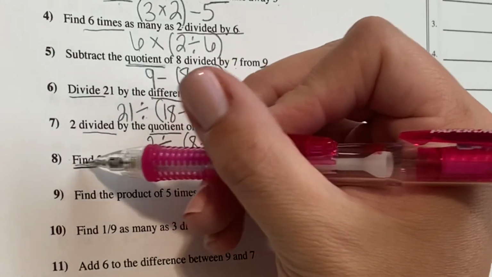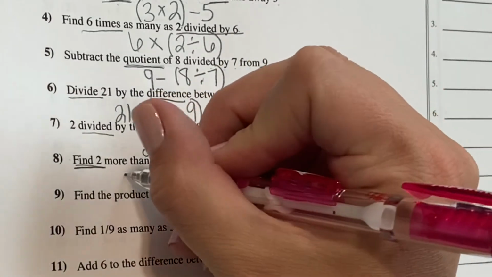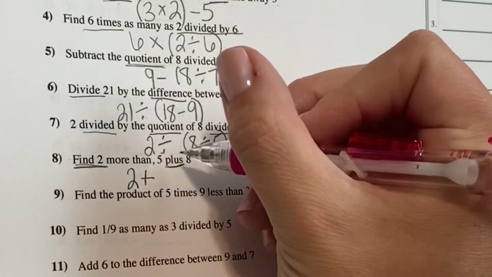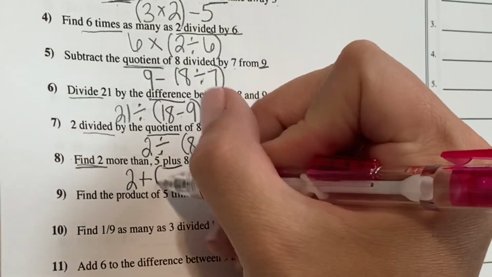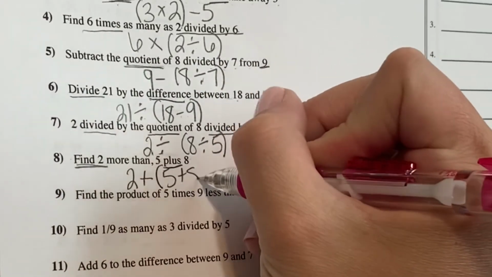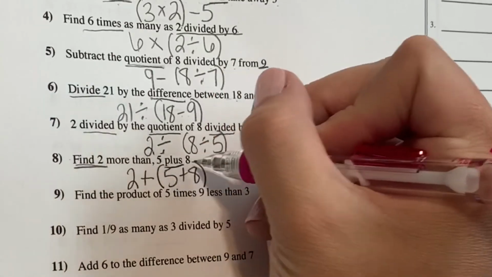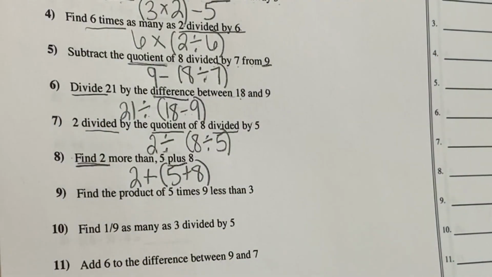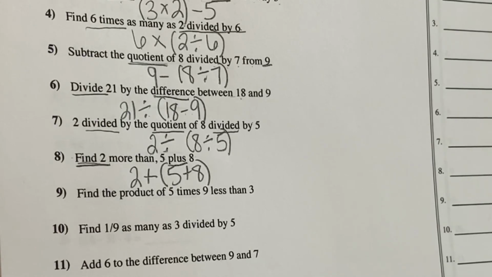So we have to find 2 more than, so 2 plus 5 plus 8. Then we'll put our 5 plus 8 in parentheses to group them together like they are in that sentence there.